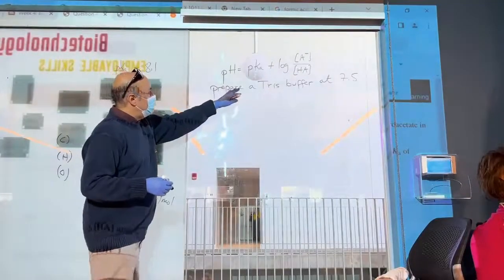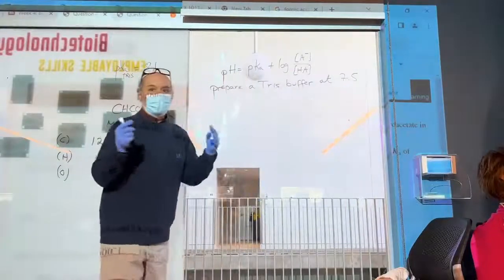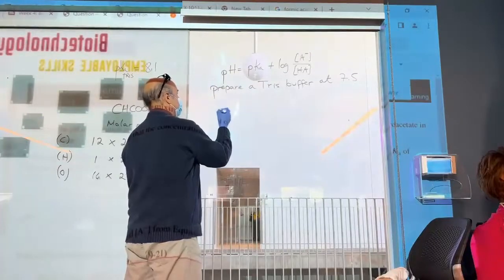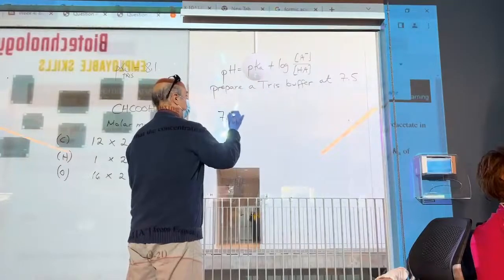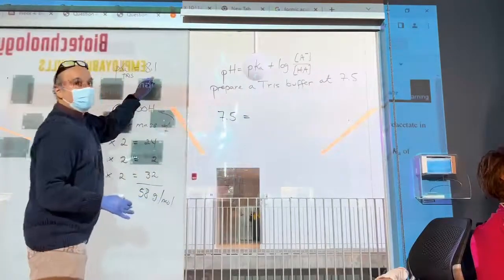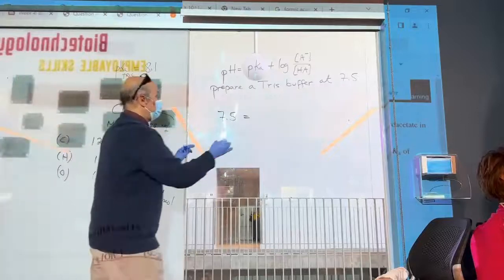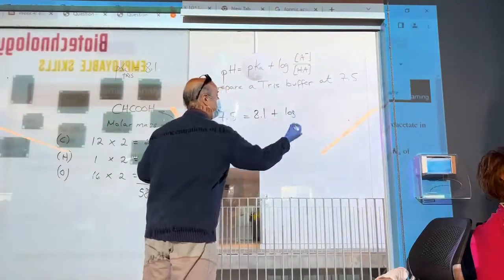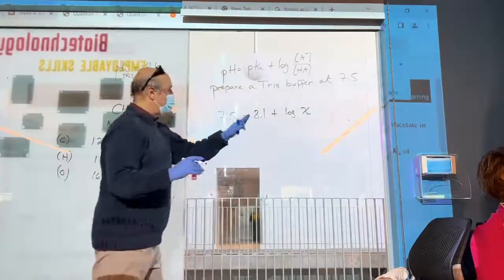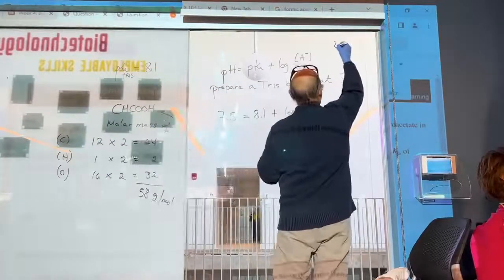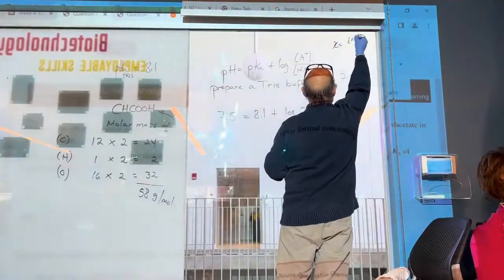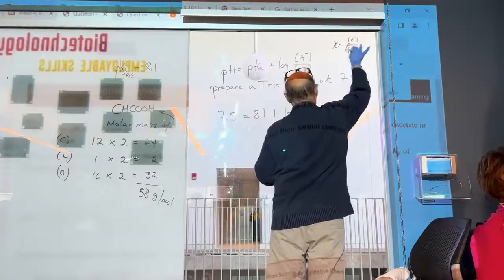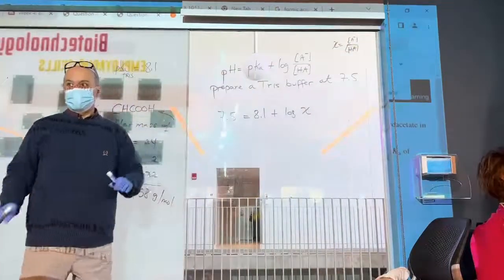Taking this pH, which is what we want the pH of the buffer to be, we're going to substitute right here and say 7.5 equals, well, we know the pKa of tris base, right? So we're going to put 8.1, plus the log of x, because I don't want to be manipulating that. Remember that x I'm defining as A minus over HA. I'm just gonna put that back here when I finish. I just don't wanna be confused, okay?